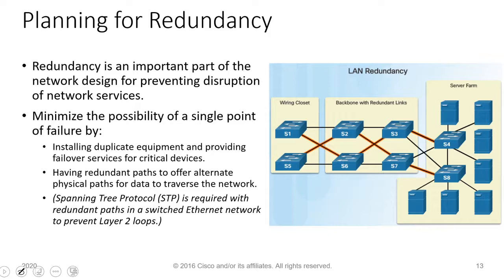So when we plan for redundancy in these networks, the main thing that we think about is preventing disruption. So what would happen if one of these devices fails? Say if this device is no longer working, what is the impact of that? That is the main thing that we are concerned about when we are talking about redundancy.